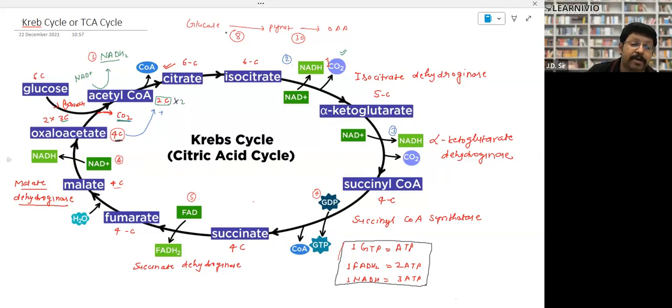When the 2-carbon compound combines with the 4-carbon compound, formation of citrate takes place.